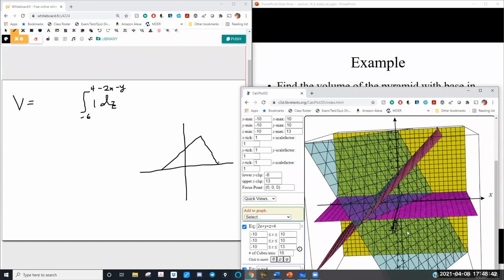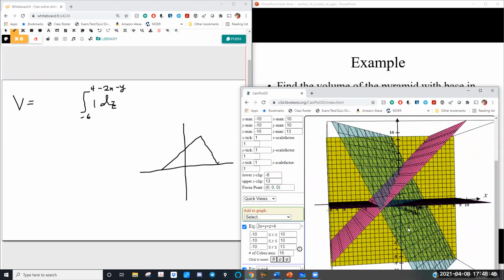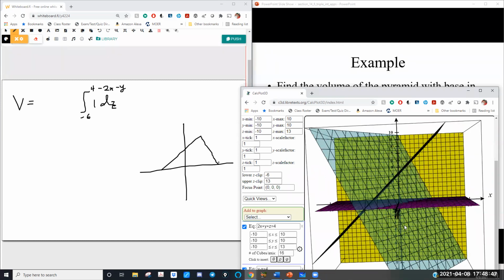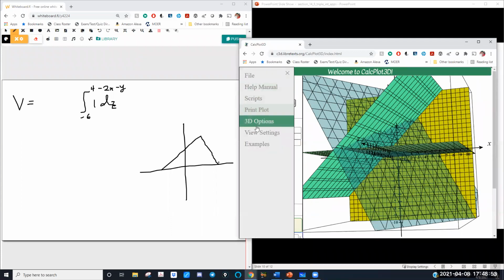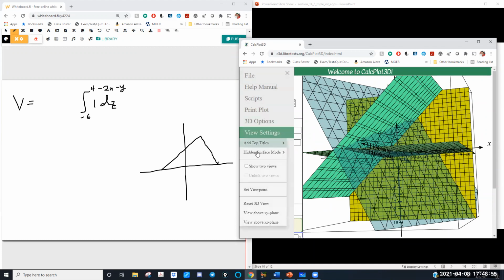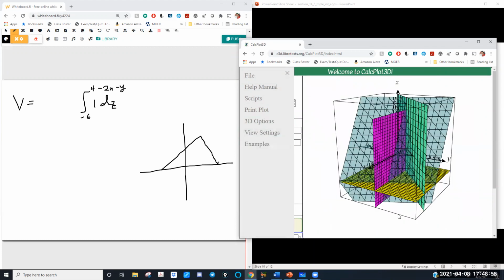So, sorry, I got kind of thrown off here. All right, let me just reset that view. Okay. So I'm looking at this region right here. Again, this is the positive x.